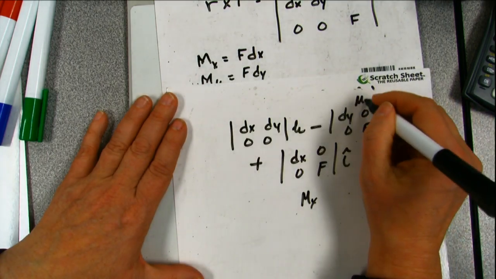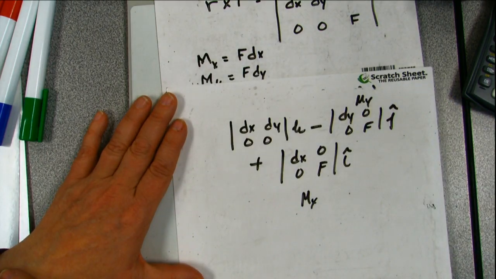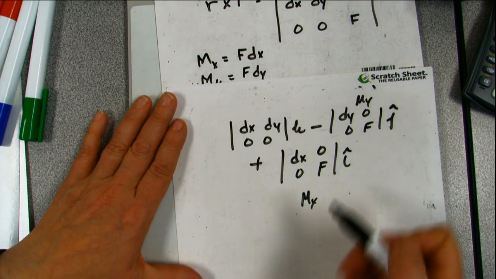This becomes the moment in the y. But if you cover up the i, and you just multiply f times dy, and then minus 0 times 0, that's this right here.